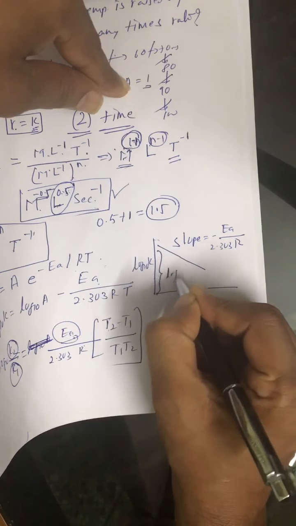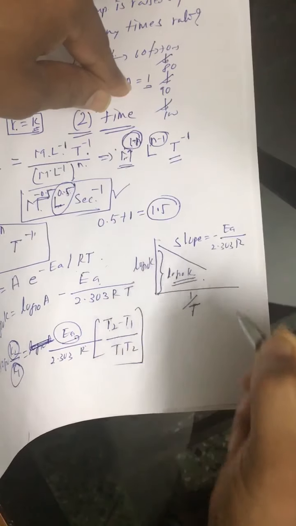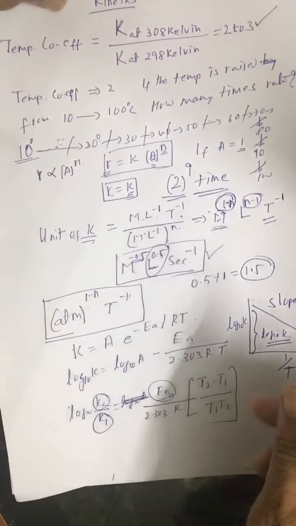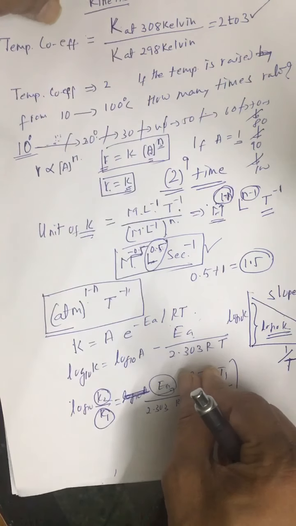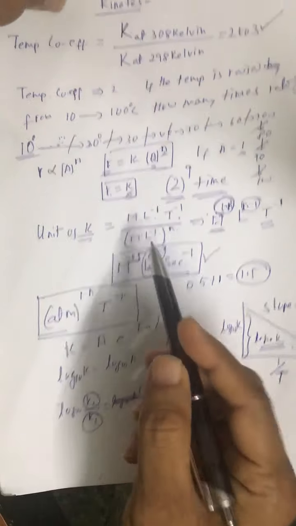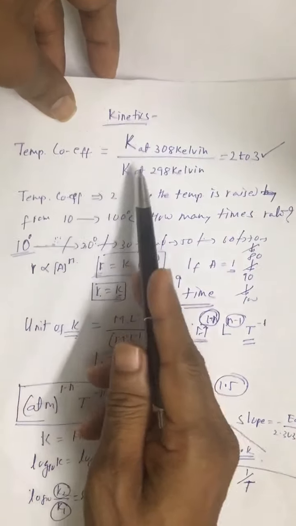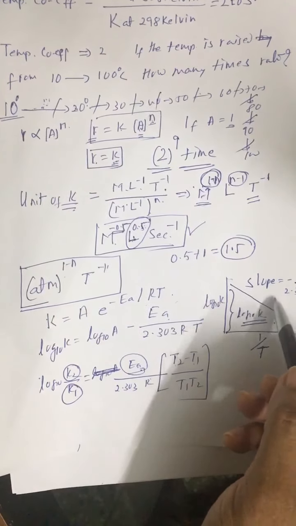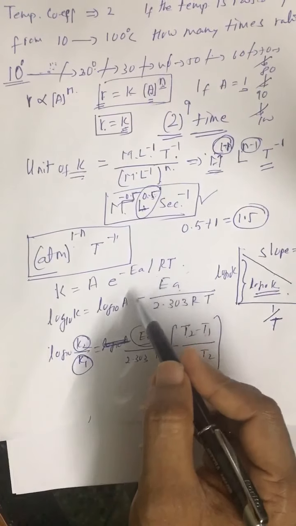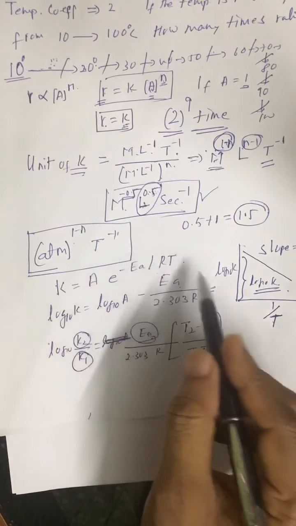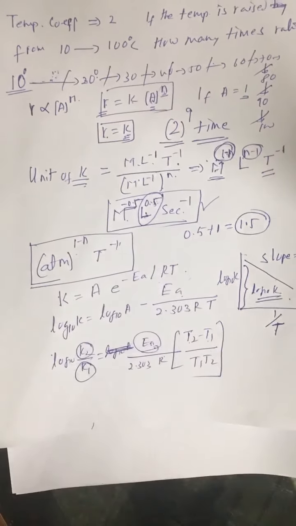Intercept is log of K. All the things we have discussed are very important: the unit of velocity constant, the temperature coefficient factor, and the relation between temperature and velocity constant.